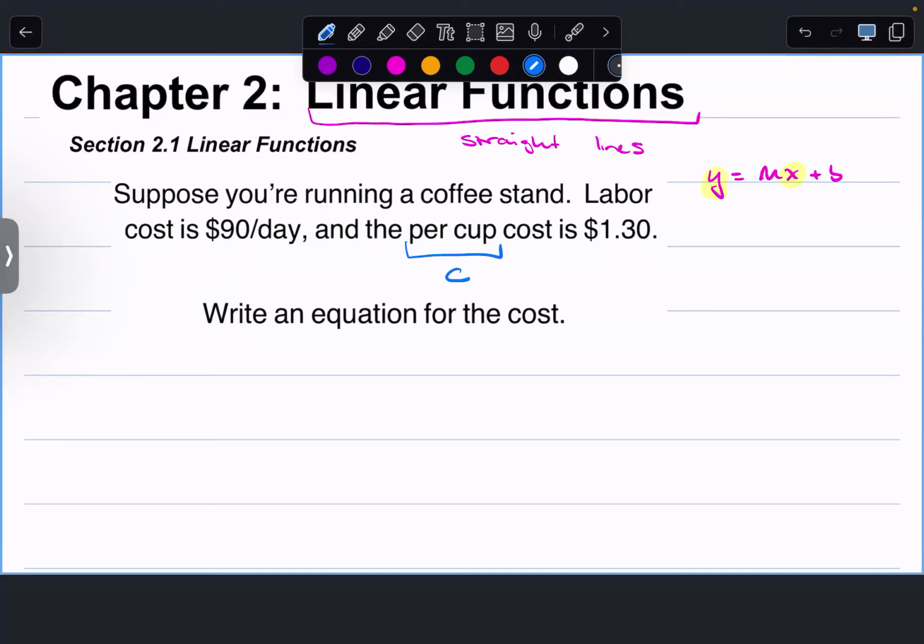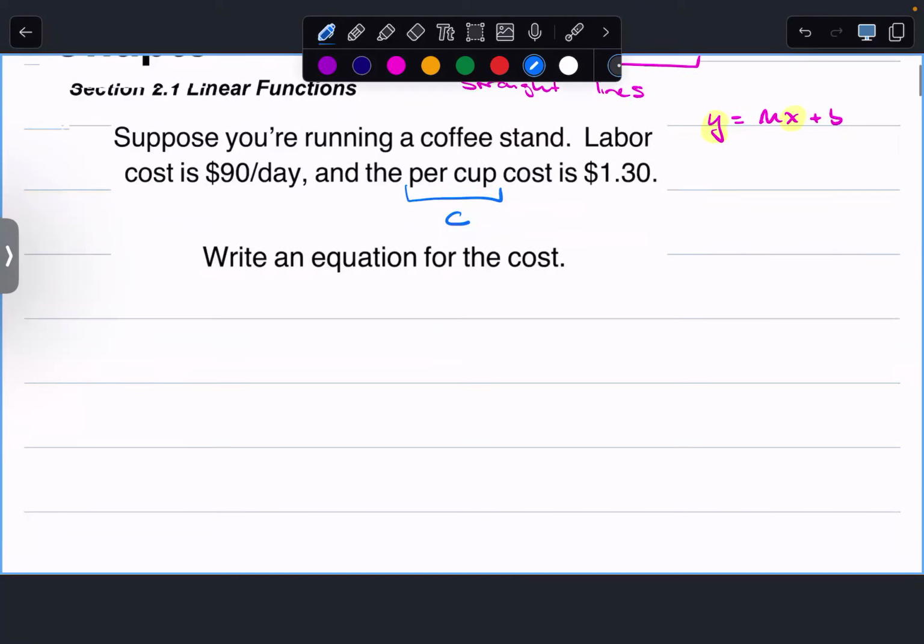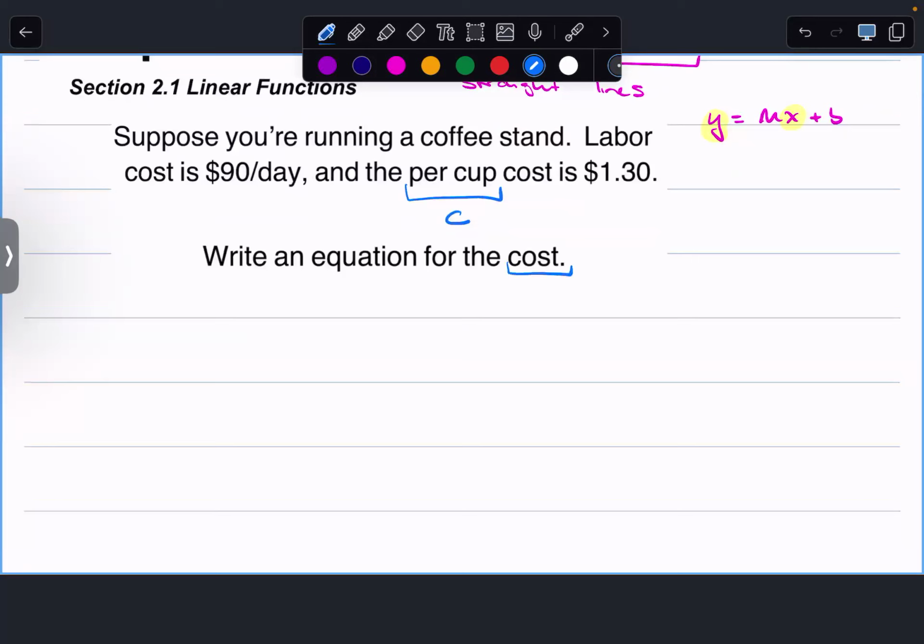I had to think about it for a little bit. So the cost is going to increase with each cup. So if I want to write a function that summarizes the cost, what do I have to take into account?